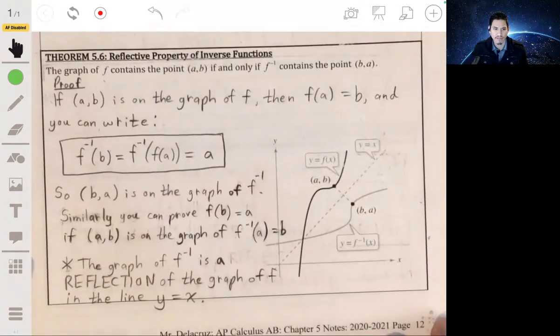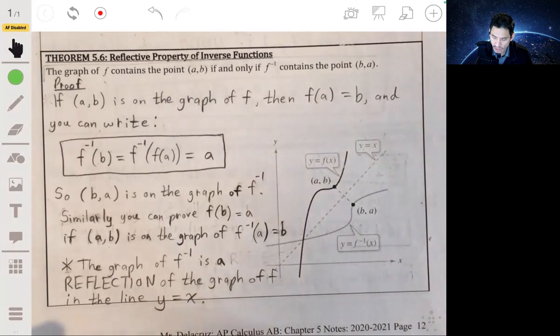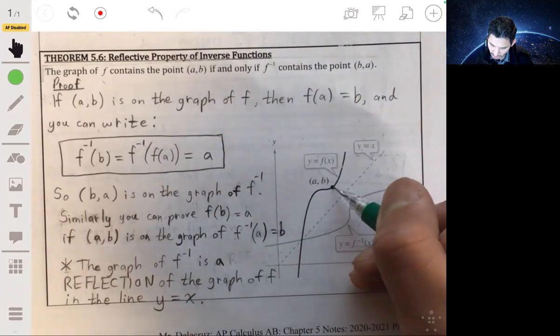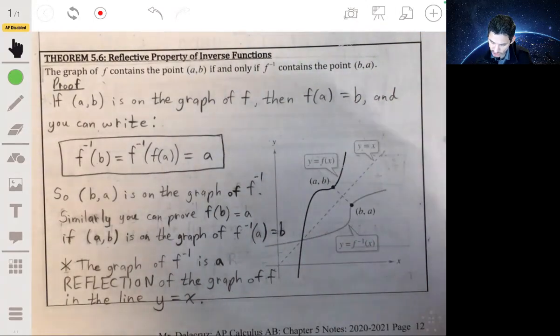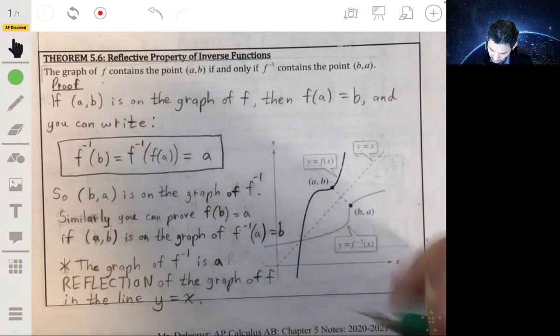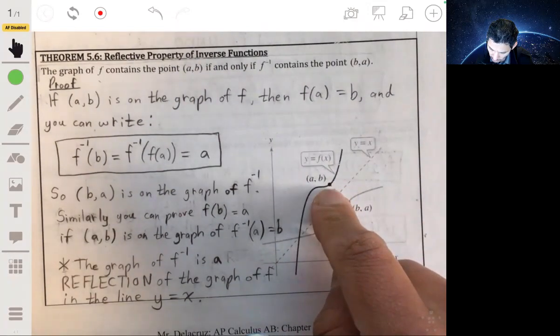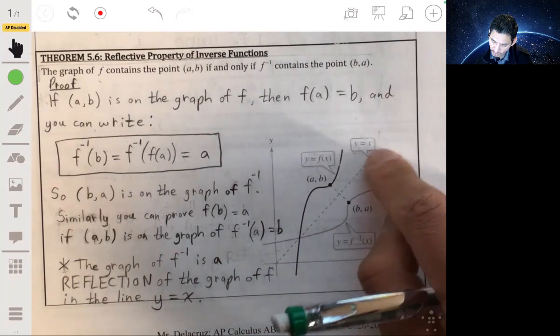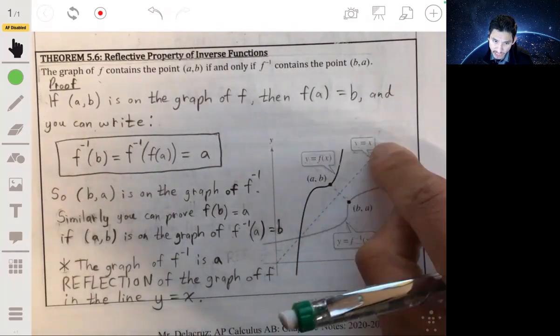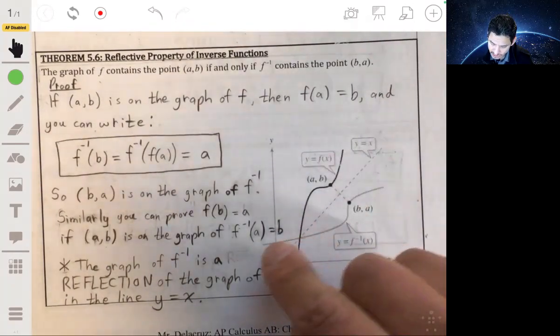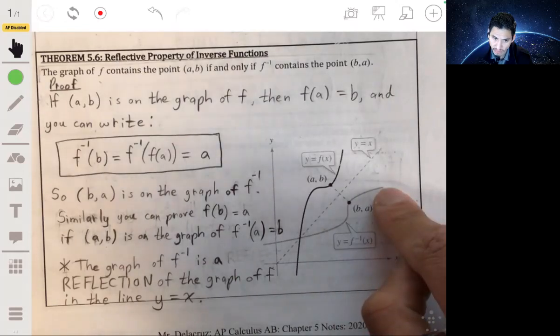We call this a reflective property because if you were to graph f and f inverse, you're going to notice that the graph of f, when it's flipped over the line y equals x, is the same as its inverse graph.